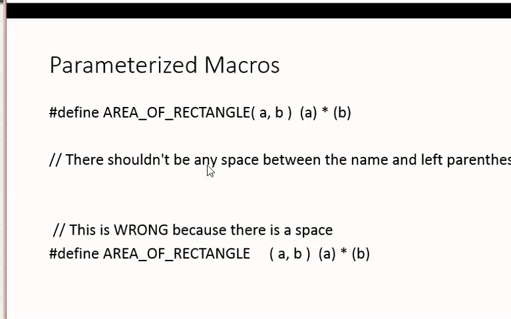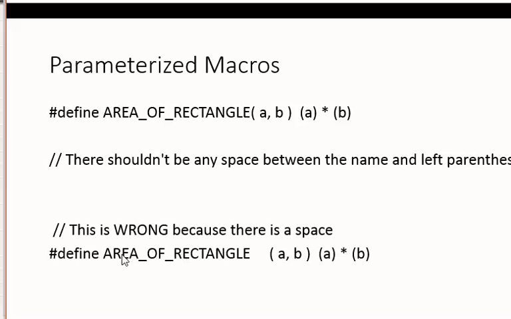But anyway, before we get into that, in parameterized macros, you have to make sure there is no space between the macro name and the parenthesis. There shouldn't be any space between the name and the left parenthesis. Remember that. So this definition is wrong, because there is a space here.